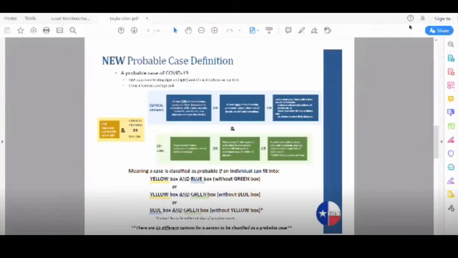And as Aisha explained, right now Texas is considered an endemic region. So all of the residents of Collin County already satisfy the green boxes, by virtue of the fact that they live in Collin County. Now they only have to satisfy one of the blue boxes or one of the orange-yellow boxes, and they will be considered probable.